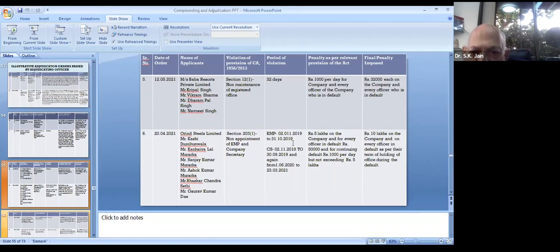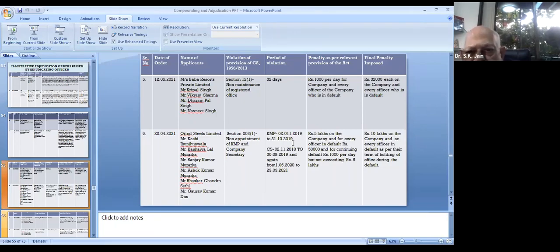So, the penalty was, as prescribed in the section, 5 lakh on the company in case of non-appointment of KMP, and on every officer in default rupees 50,000, and for continuing default 1,000 per day, but not exceeding 5 lakh. So 1,000 has to be imposed. Discretion has to be used between 1,000 per day and rupees 5 lakh.